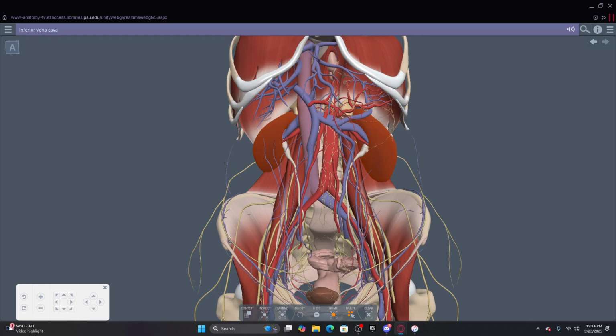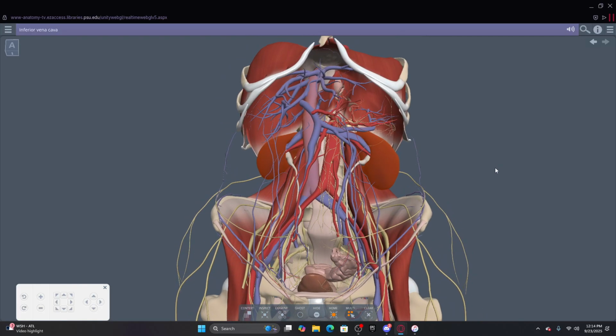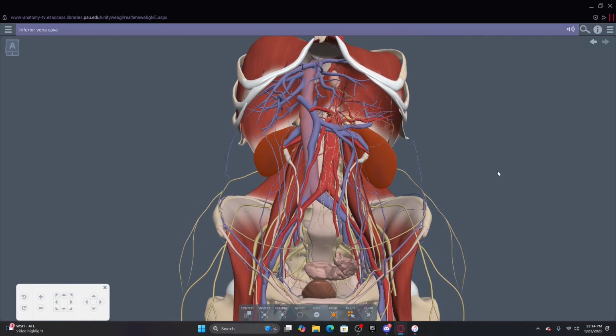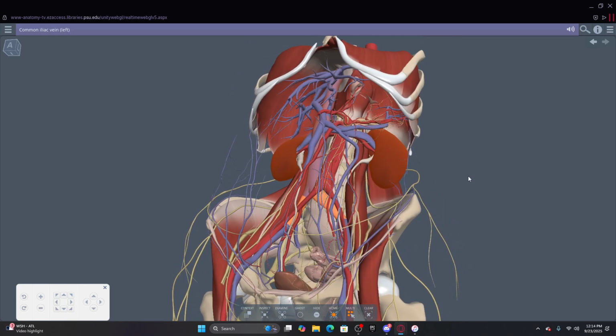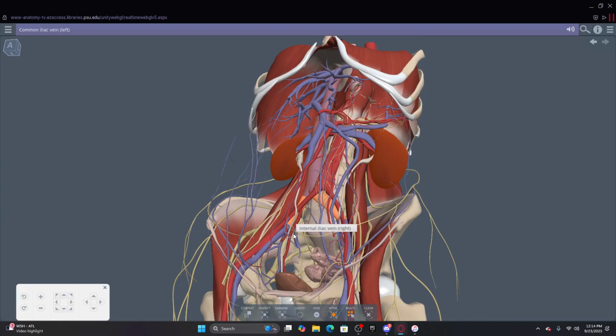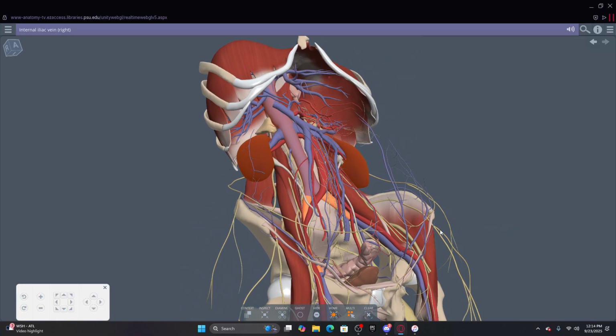Now that we have our inferior vena cava, remember we just went over the arterial iliacs. The venous ones follow the same pattern. The inferior vena cava splits into common iliac veins, left and right. And then our common iliac veins split into our external and internal iliac veins. So the same thing.